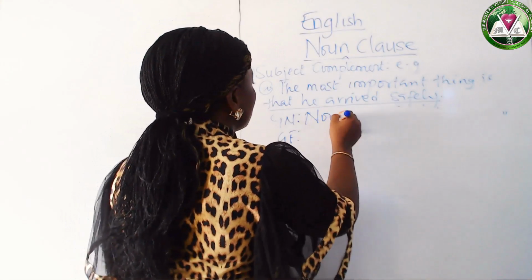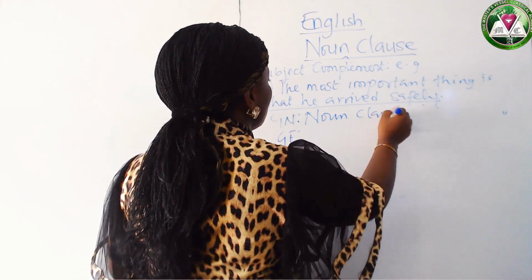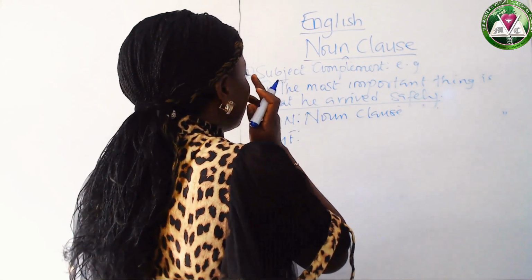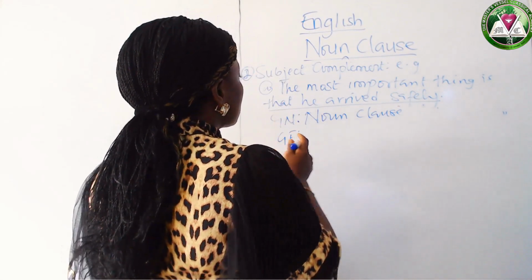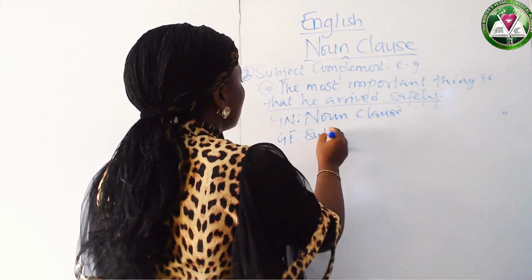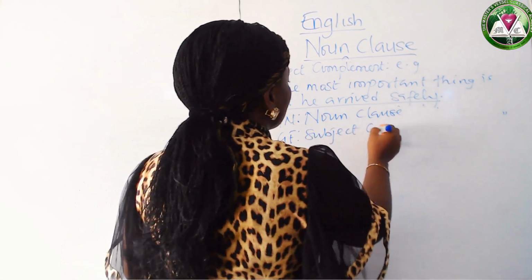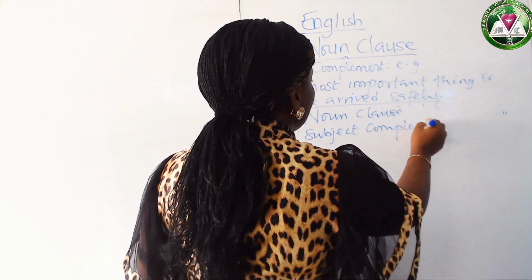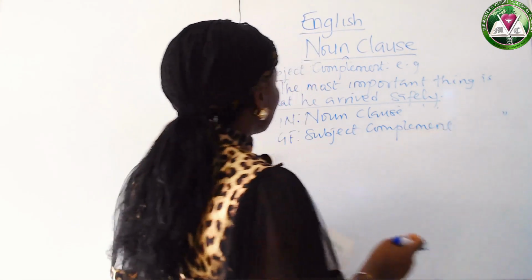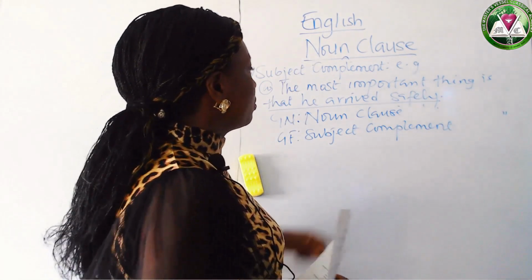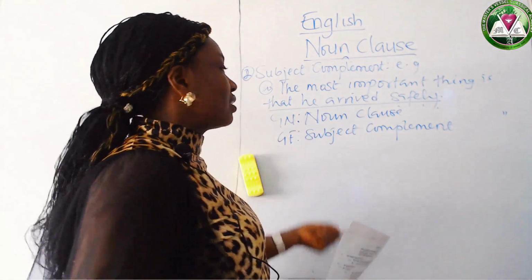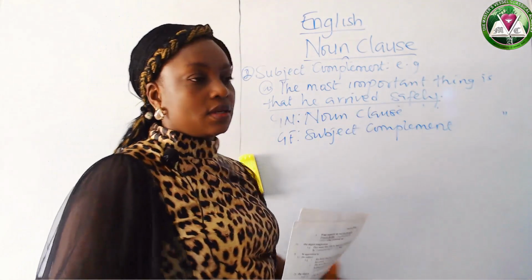Of course, as far as the topic is concerned, our GN is going to be the same. Then GF is subject complement. If you want to explain further, we say that our subject, which is the most important thing, is the same thing as the noun clause, which is that he arrived safely.